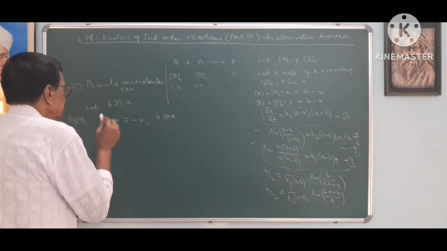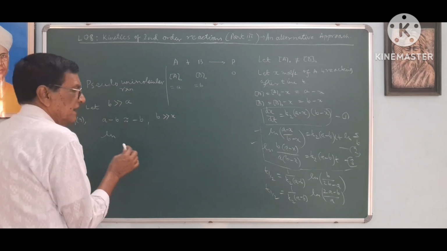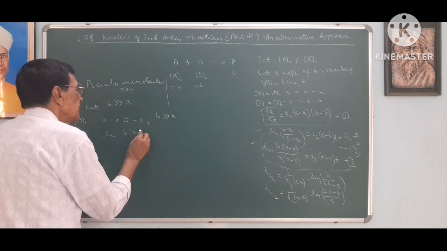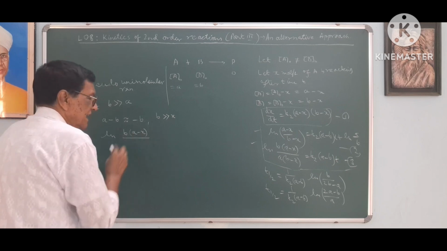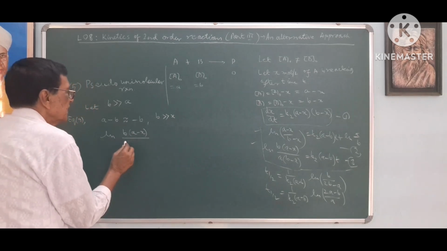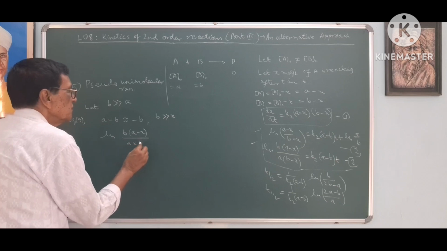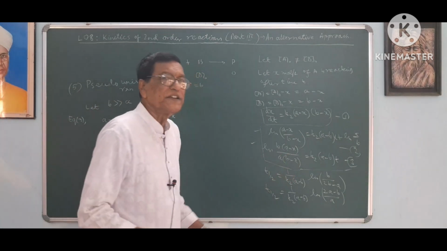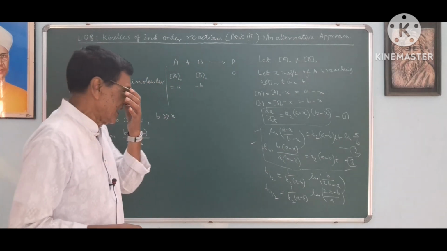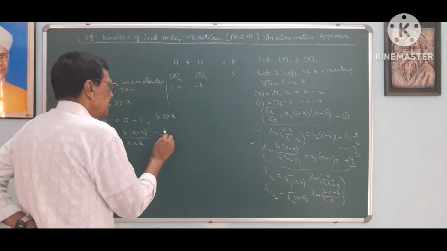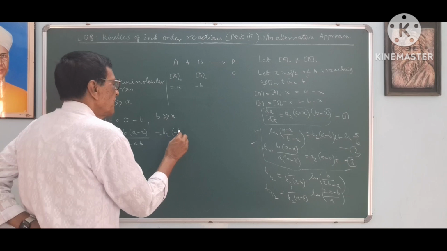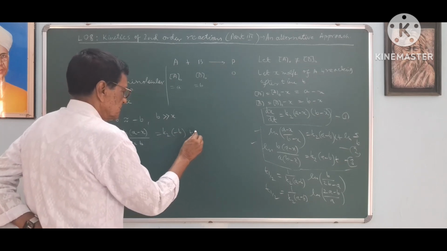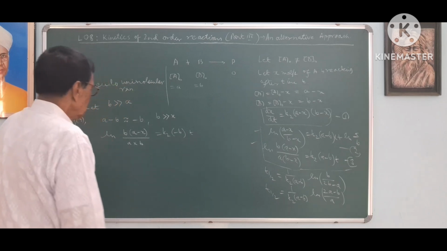So putting here ln of B into A minus X, divided by A into B, where X is neglected, being very small in comparison to B, and on the right hand side K2 into minus B into t.